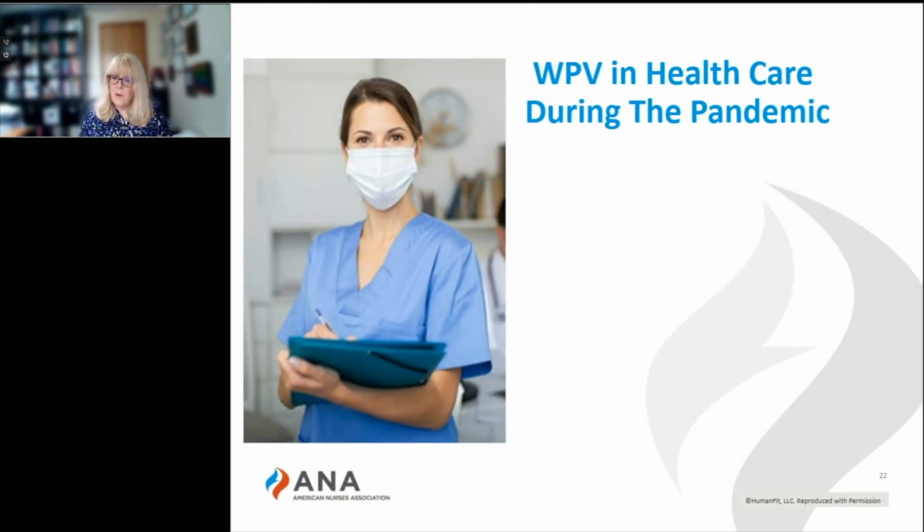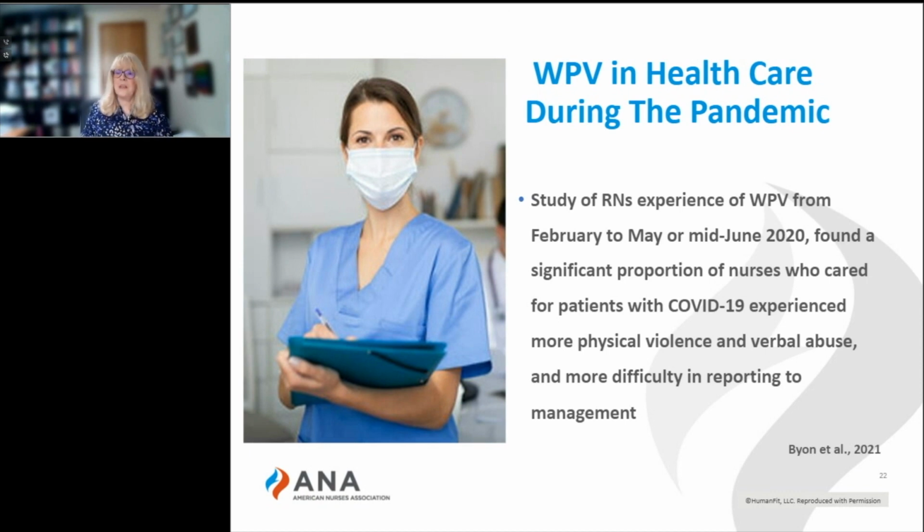And then in one study that was conducted from February to May, and they extended it into mid-June in 2020, they found that a significant proportion of nurses who cared for patients with COVID-19 experienced more physical violence and verbal abuse and had more difficulty reporting this to management. We'll get back to barriers for reporting a little later.